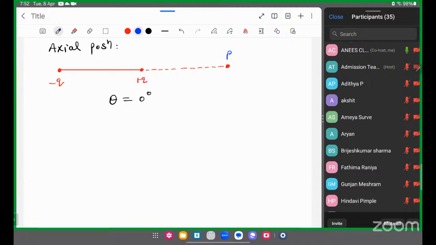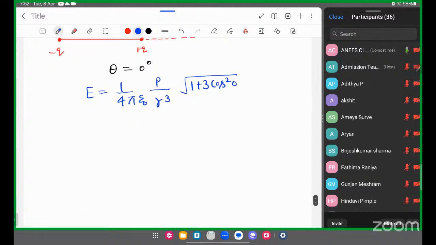So we will substitute the value of theta in the formula, which is 1 upon 4 pi epsilon naught, P upon R cube, square root of 1 plus 3 cos square theta, that is cos square 0. Cos square 0 will be what? Cos 0 is 1.